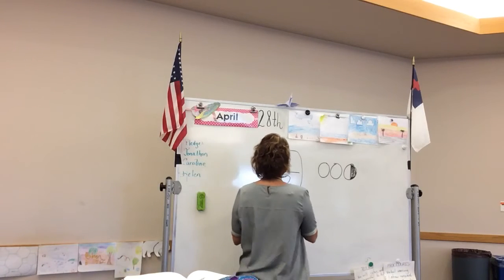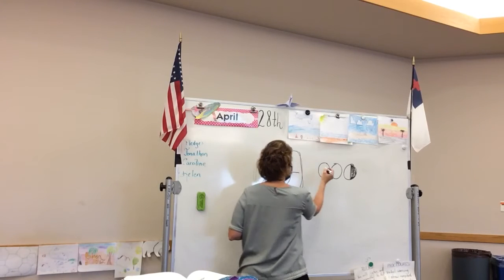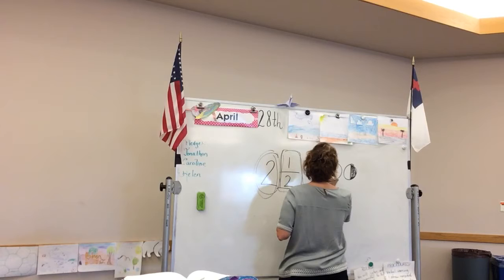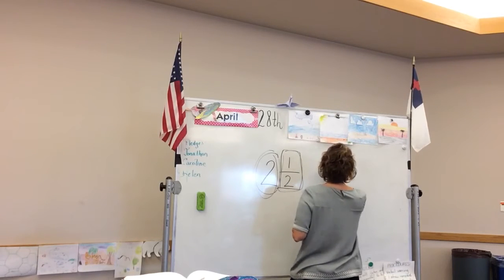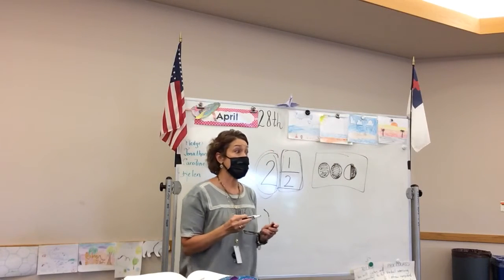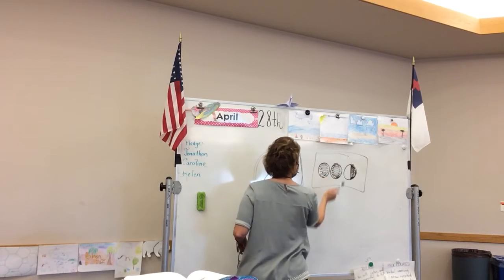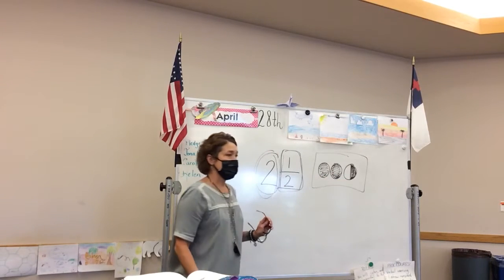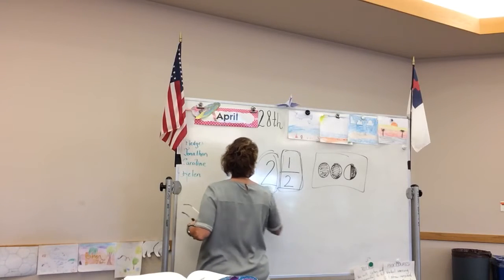All right, so 2 is the whole number. Half is the fraction. What does this represent? 2.5. 2.5. There's 2 wholes and a half. A mixed number. Let's keep working on it and maybe it will come a little clearer.